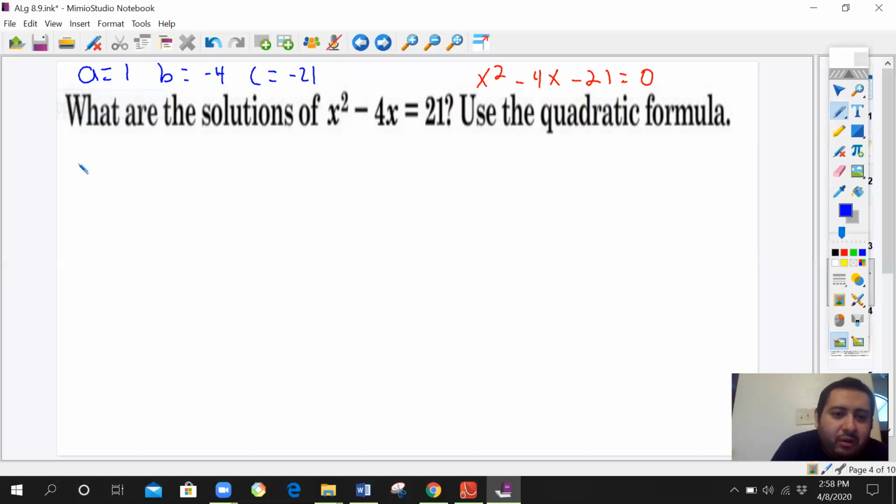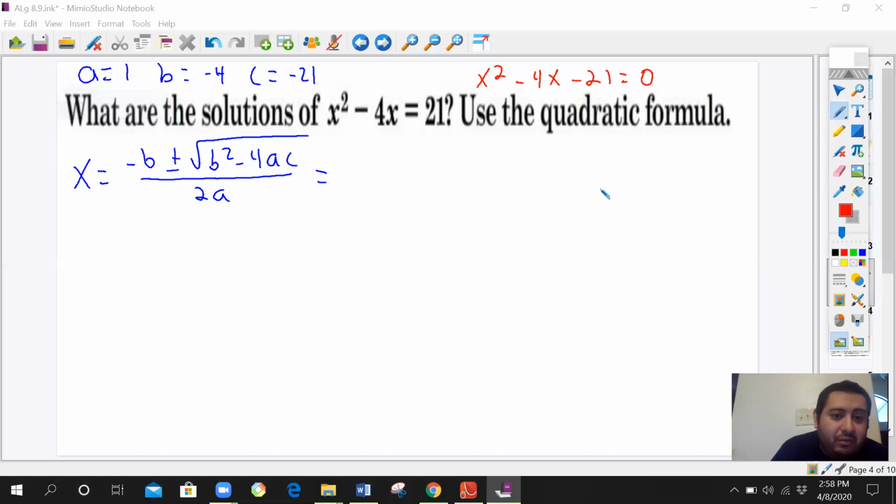It's a large number. Let's go ahead and write that formula. You have x equals negative b plus or minus square root b squared minus 4 times your a, your c, all over 2 times a. Let's substitute the values into the quadratic formula. Our b is -4, and we have a negative, so negative negative turns into +4, plus and minus.